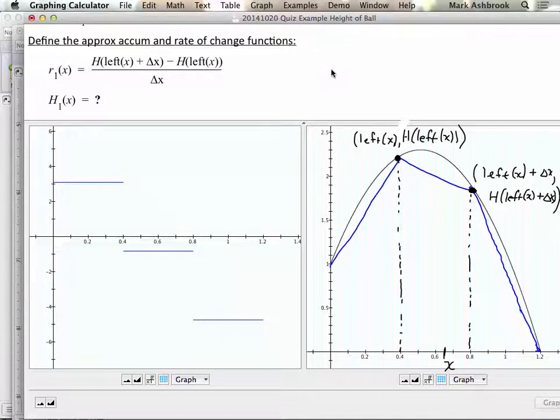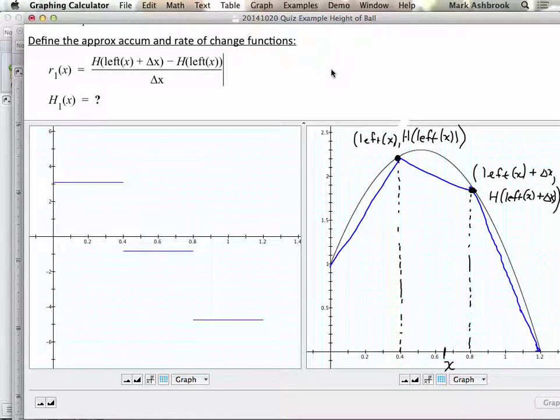So now we want to write, this is new now, the exact accumulation function, this one that I've drawn in blue. Can you do it in one expression? You've got the rate function, you've got the constant rates. Can you write an expression that will graph what I've sketched over here on the right in blue? It's nothing new. It's just applying what we've learned. See if you can do it. Go.